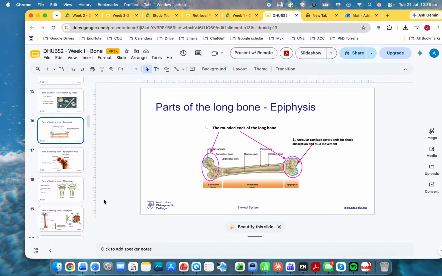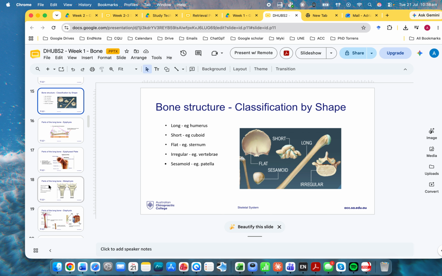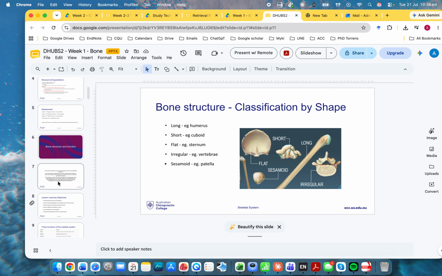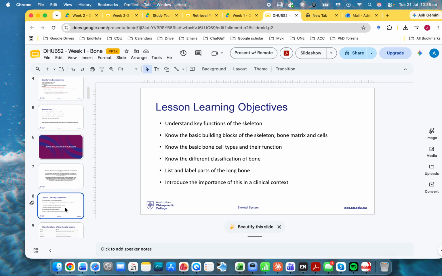So what am I doing? I'm trying to orient you to the bigger picture in regards to what you're always going to be held accountable for in regards to the content. And that will always come back to the learning objective for the lesson. So you yourself should be clear about what they are.